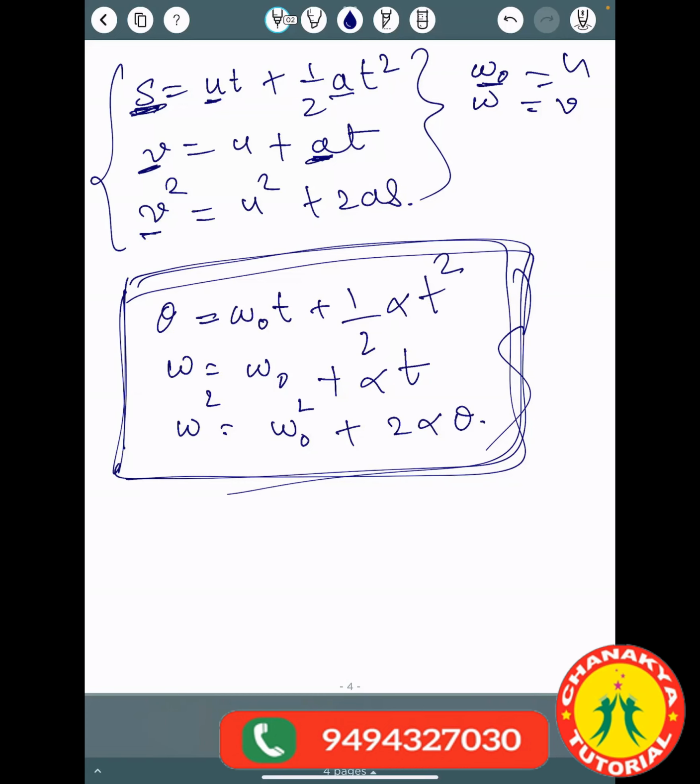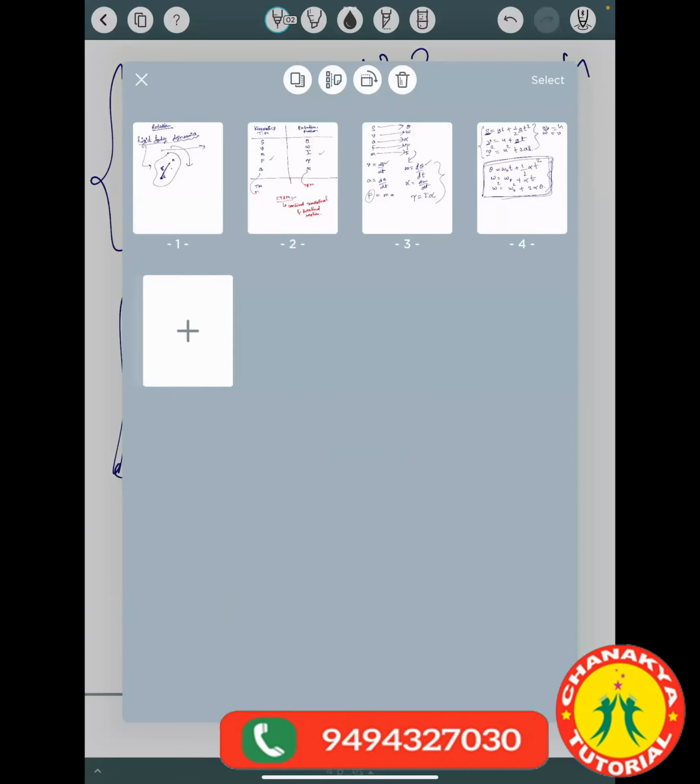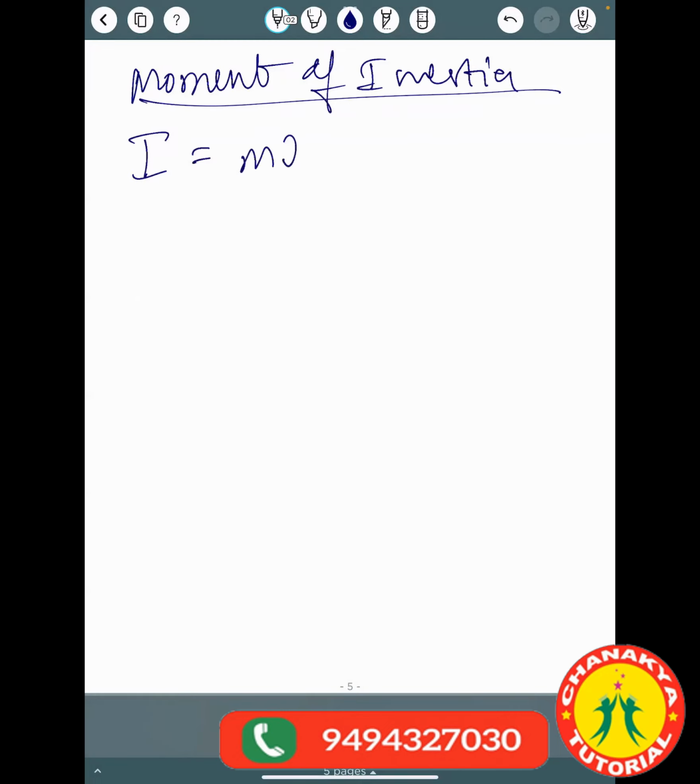Shall I go ahead, guys? Yes, sir. Okay then. So only one thing we have to study about is moment of inertia. So moment of inertia is given by I is equal to mr square.